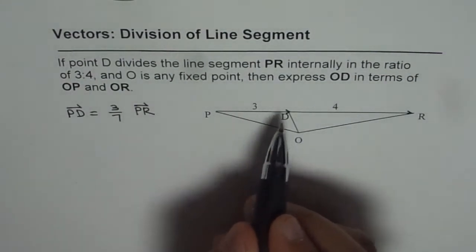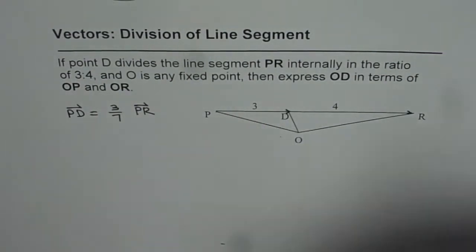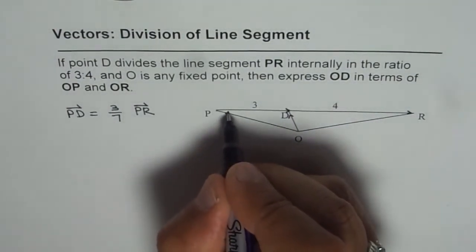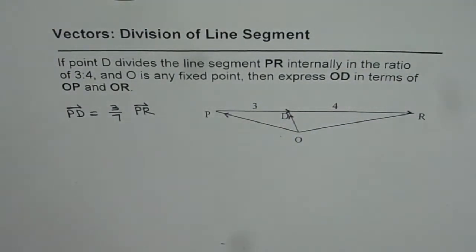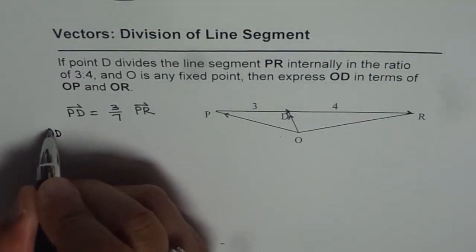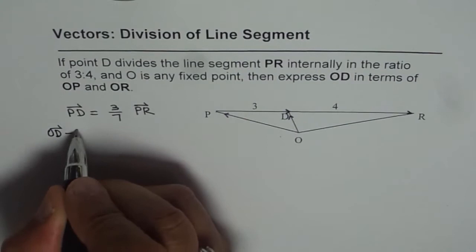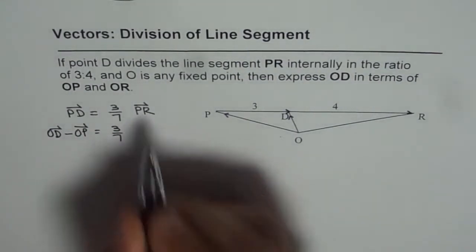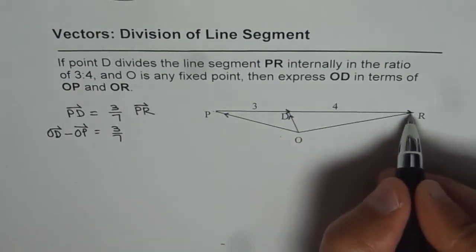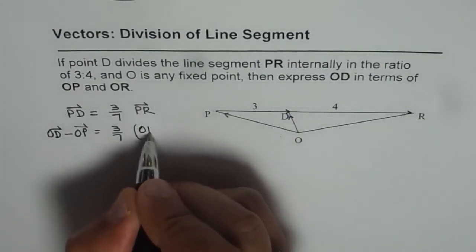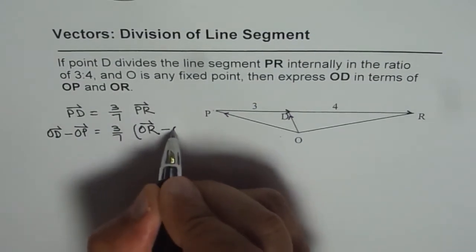Now what is PD? PD can be written as OD minus OP, correct? So we write PD as OD minus OP, equal to 3/7 of PR. And similarly PR, P to R, can be written as OR minus OP.